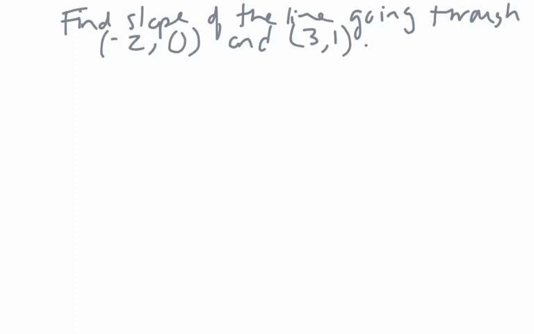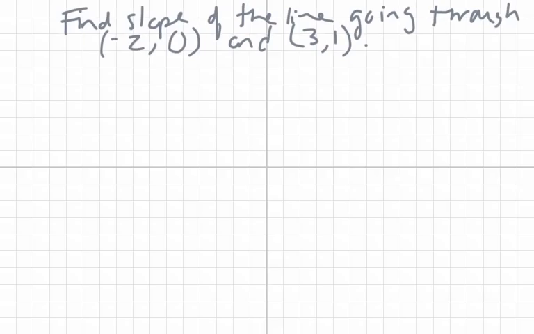And so we're actually going to approach this 2 different ways. We're going to look at it graphically, and then we're going to apply the formula to it, because we want to have that flexibility to do either or. So if I plot (-2, 0) and I plot the point (3, 1), all right, I should be able to see what that line looks like.